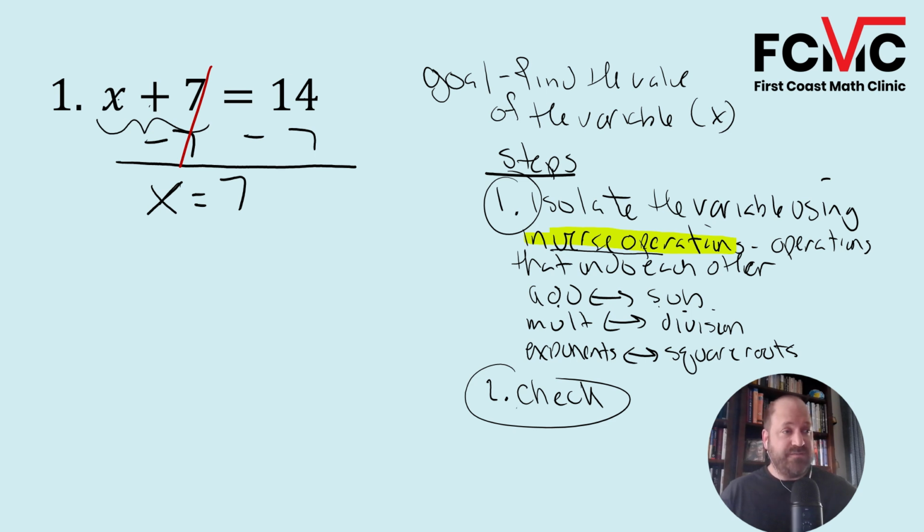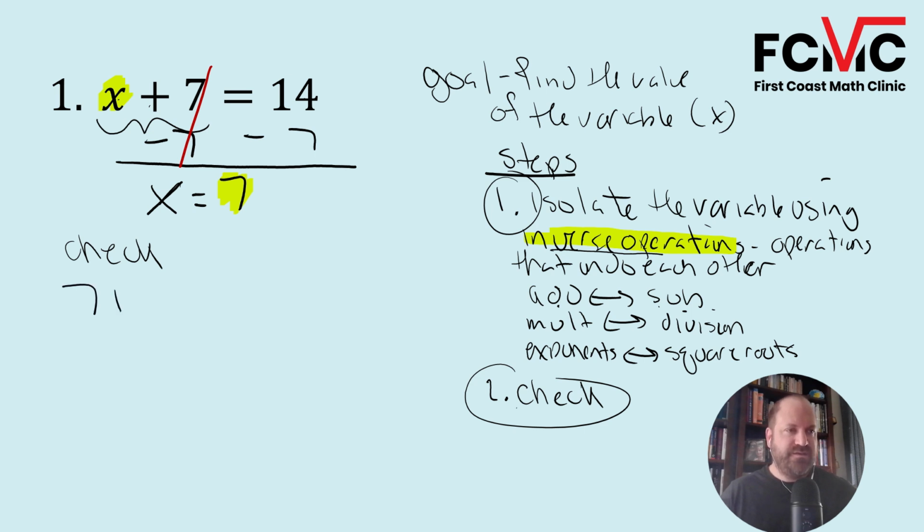Now we do have our step 2, our last step, which we're going to add to all of our equations, which is a step to check. So for our check, we're going to take our original equation and our solution, and we're going to substitute that answer back into our original equation.